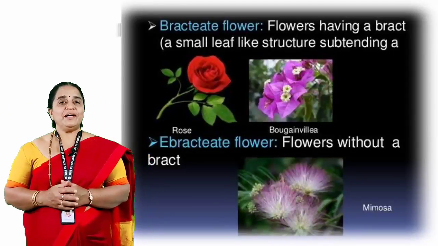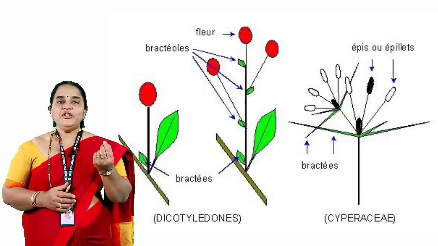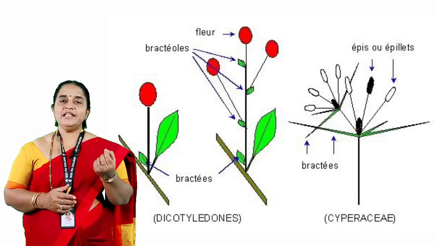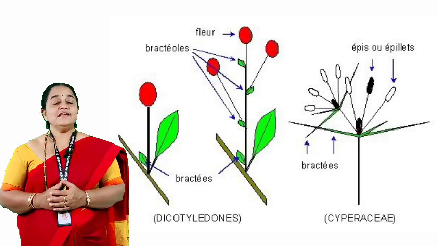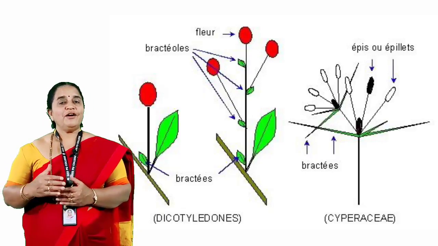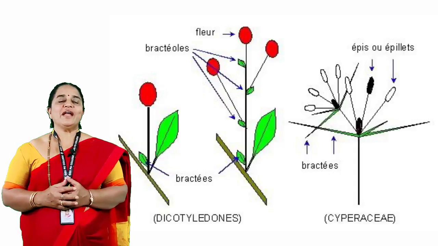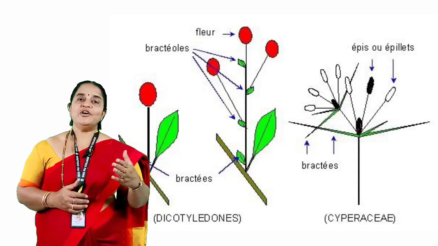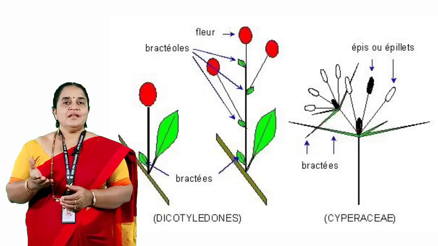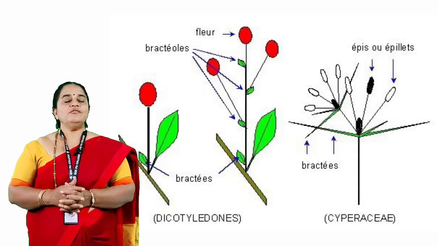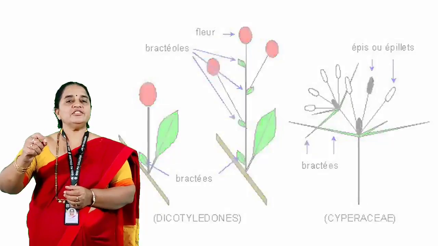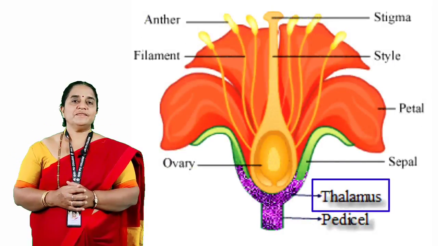At the apex of the pedicel, minute numerous green colored outgrowths are visible in some flowers. These are bracteoles. Flowers with bracteoles are called bracteolate and without we call ebracteolate. A supporting expanded region on which the floral whorls are arranged is known as the thalamus.